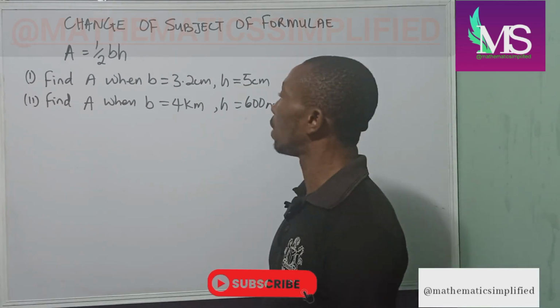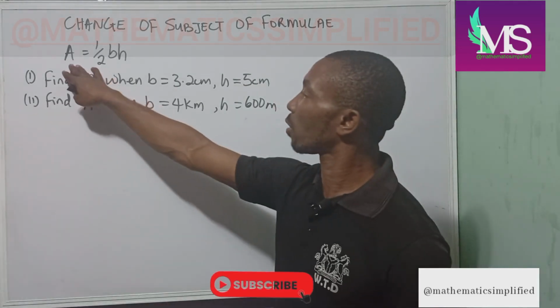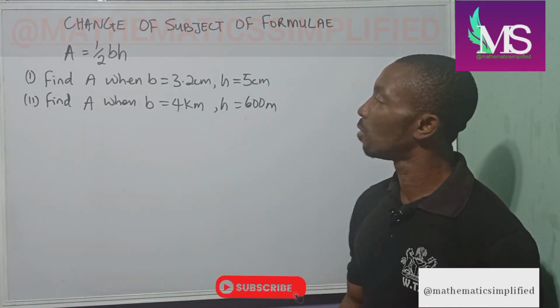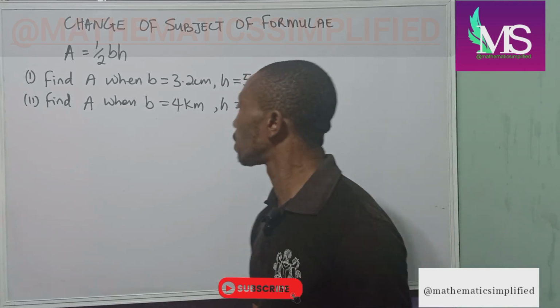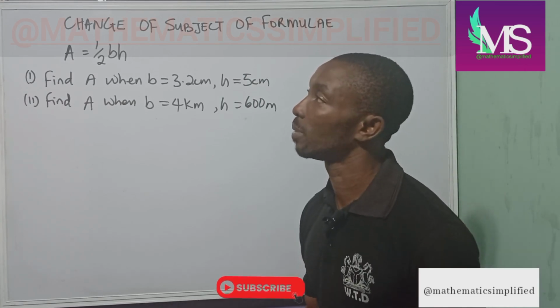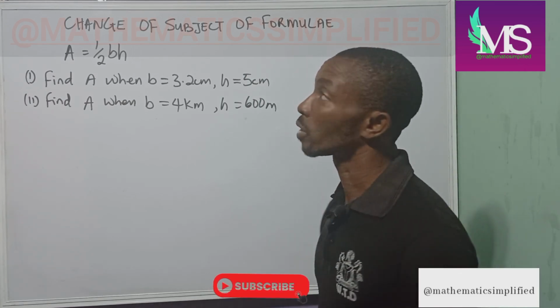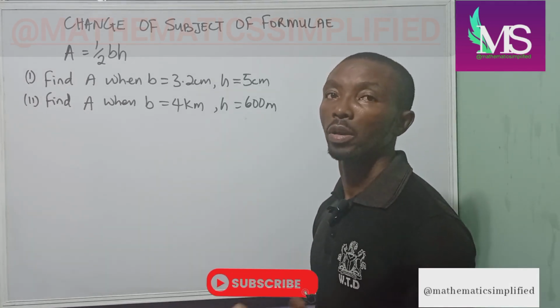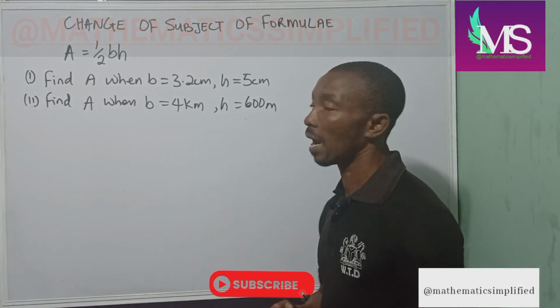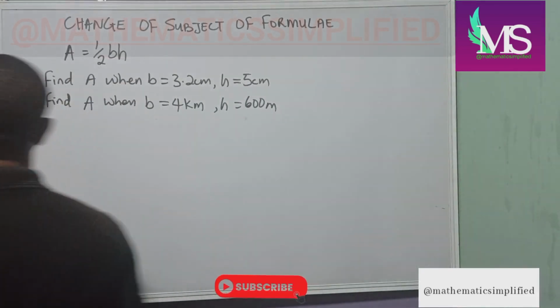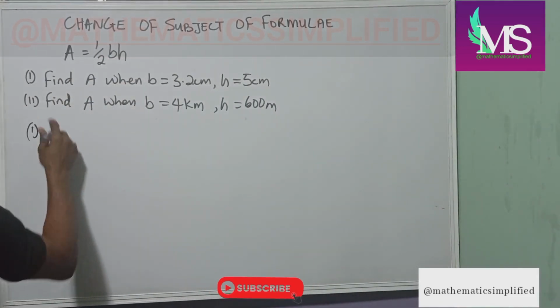Find A, now using area equals half base times height. Now we should find our area when B, our base, is 3.2 and our height is 5 centimeters. That's for question 1. And question 2, find our area when base is 4 kilometers and height is 600 meters. Now in solving this, we have our question 1.